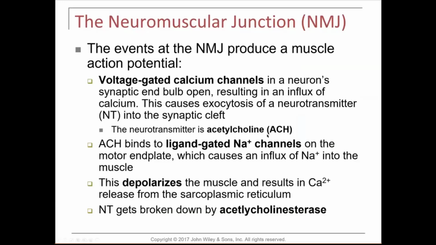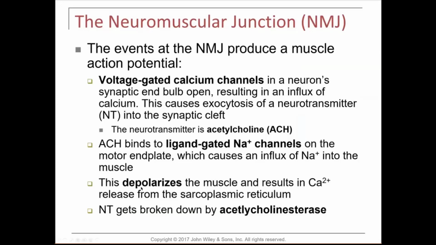So acetylcholine gets liberated, it binds to the muscle on the sarcolemma, and this causes the sarcolemma to depolarize, which results in the calcium being released from the sarcoplasmic reticulum. A lot of terms here that we delve into in the nervous system, but what I want you guys to know from this particular slide is that acetylcholine is the neurotransmitter that's necessary for us to be able to transmit that signal from the neuron to the muscle fiber, right?